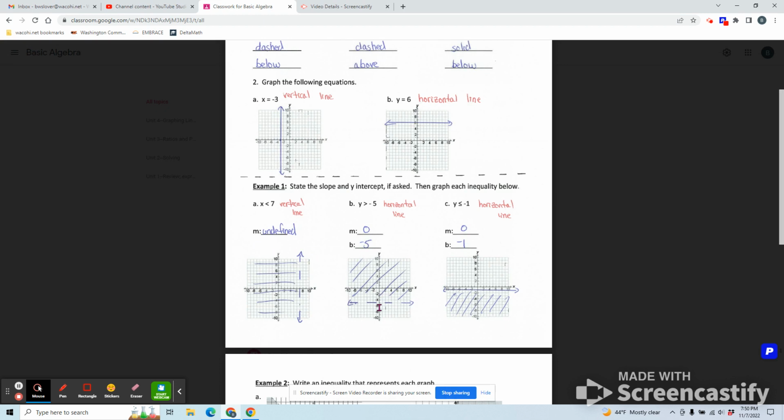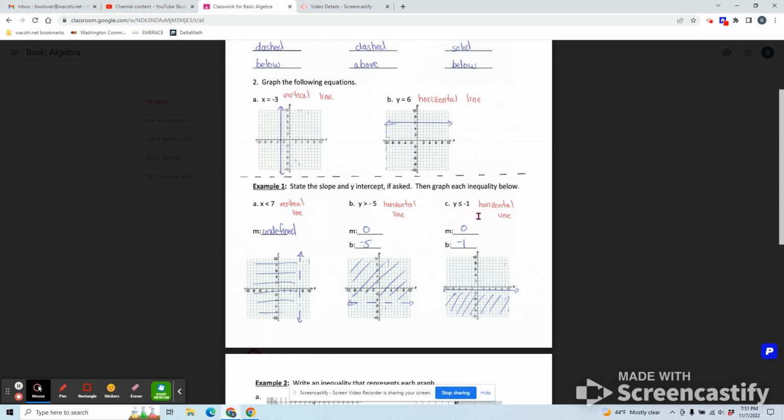So I have a horizontal line at negative 5, which means it's going left to right. It says greater than, so that means it's dashed. And I'm looking for numbers that are greater than negative 5. So anything in here is my solution set. Any ordered pair in here would make it a true statement. 4, 0, 4, 1, 8, 2, 8, negative 3. All of those are in my solution set in my shaded region.